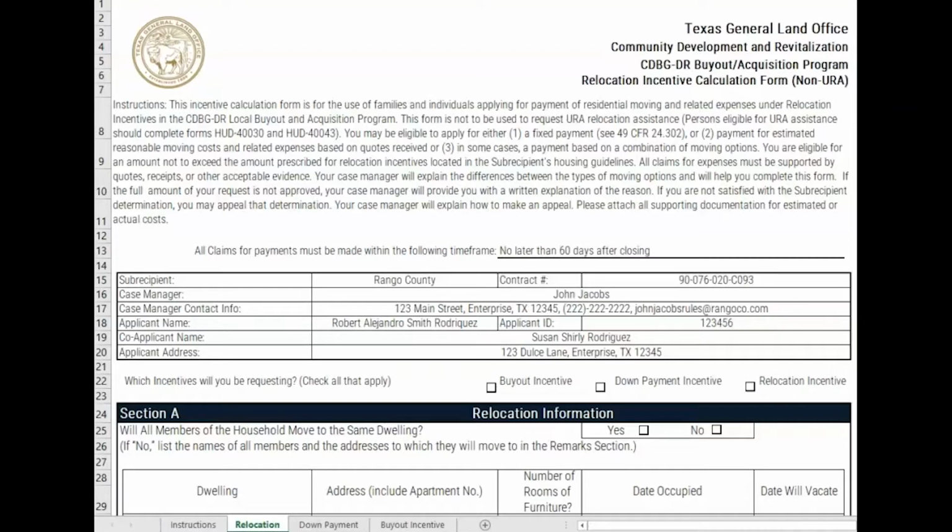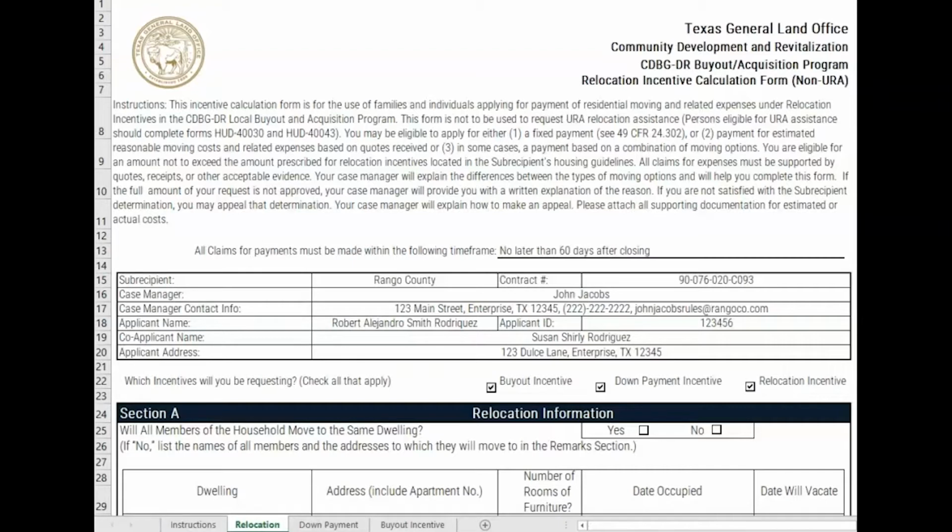In the next row, the applicant should check off all incentives that they will be applying for. They should complete a sheet in this calculation form for each incentive checked off. The form is then divided into sections based on the type of relocation incentive being requested. This form should be completed in phases.